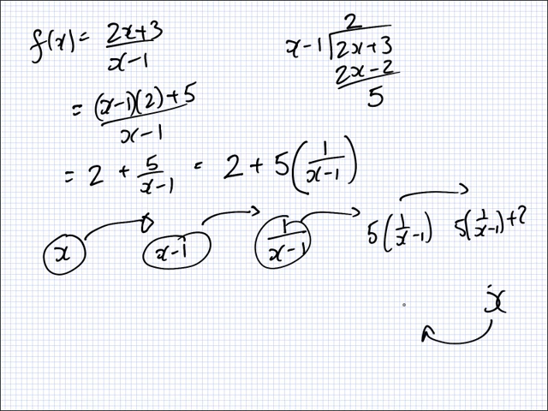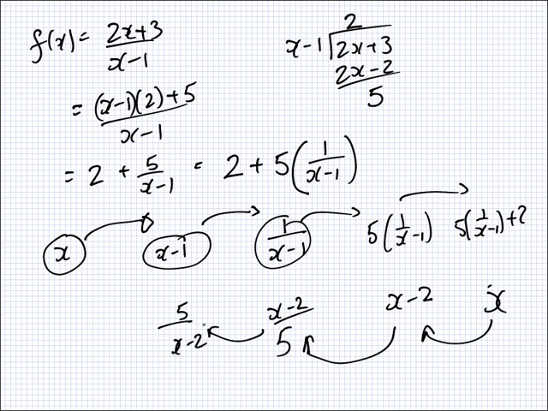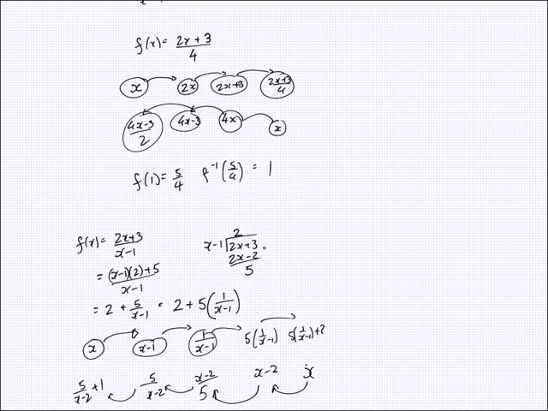Let's try and go backwards. What's here? Minus 2. Divide by 5. 5 over (x - 2). And then here, 5 over (x - 2) plus 1. Now what answer did I get earlier?